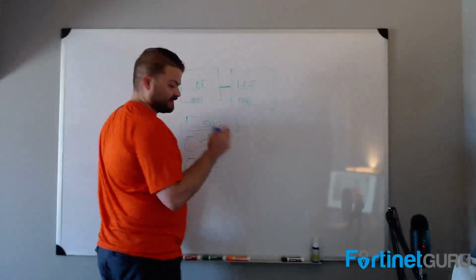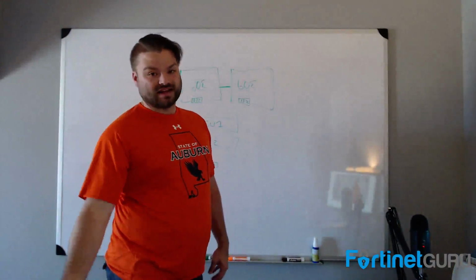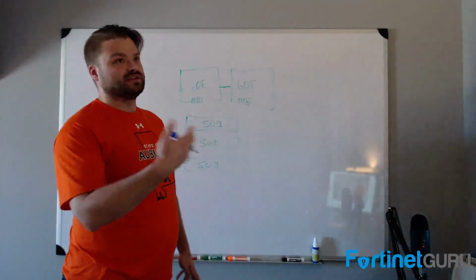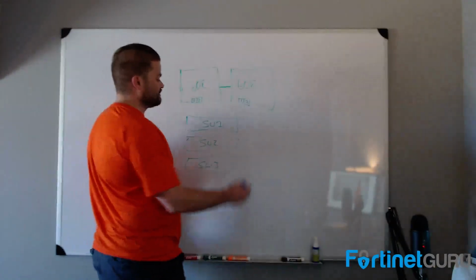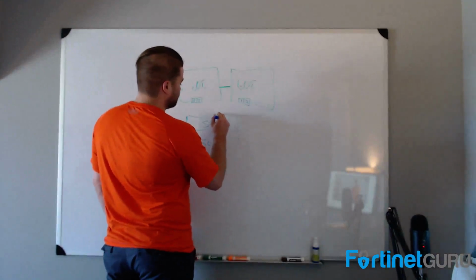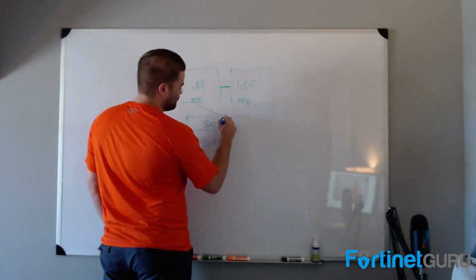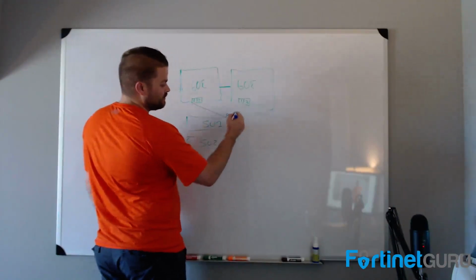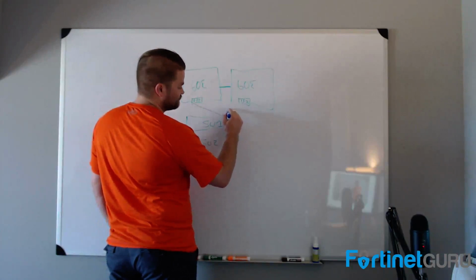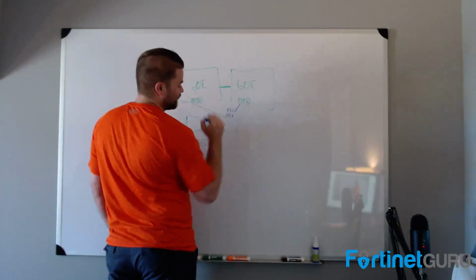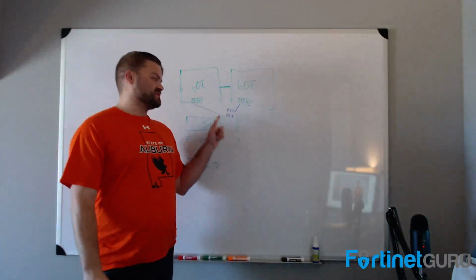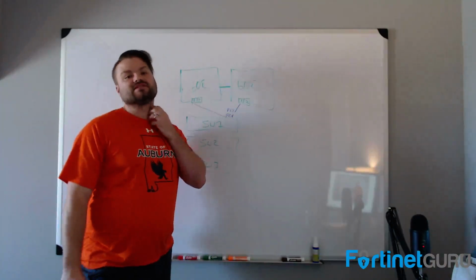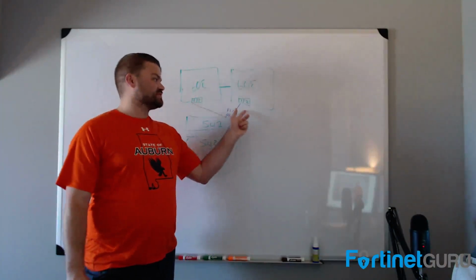Port 24, I like to use the last port on a switch as the uplink port to primary switch, and the second to last port for uplink to secondary, etc. So we'll say port 24 to FortiGate 1 port 1, port 23 to FortiGate 2 port 1, which means logically that one switch is now highly available to both FortiGates, etc. So if you lose port 1 on this one, it can switch over to port 1 on that one, etc.